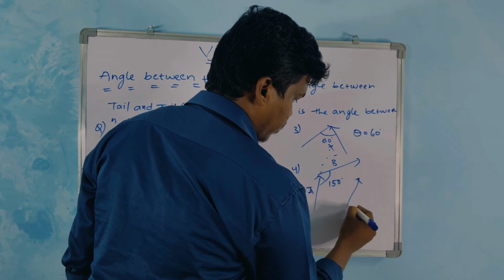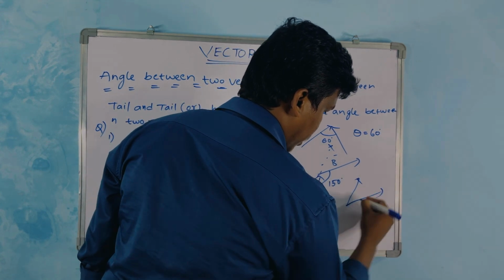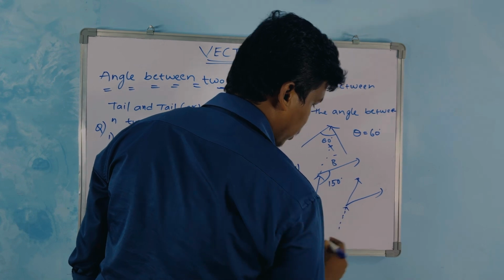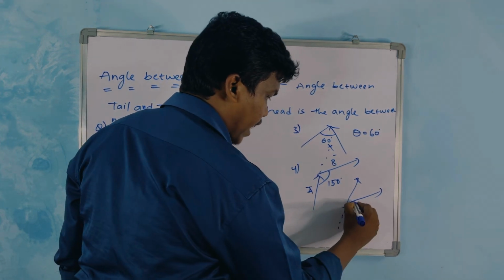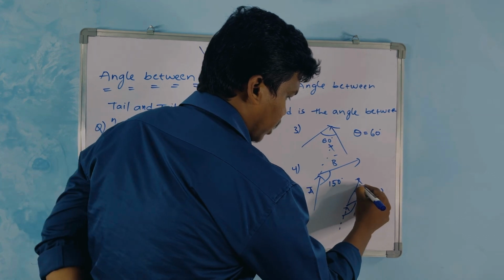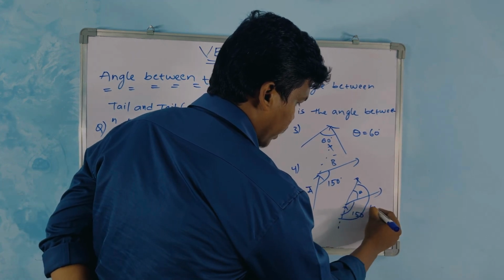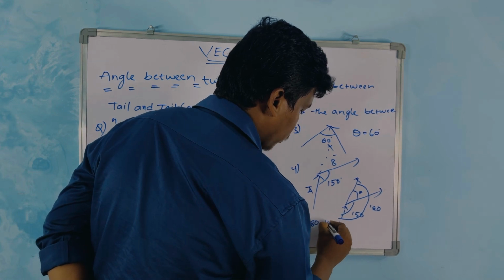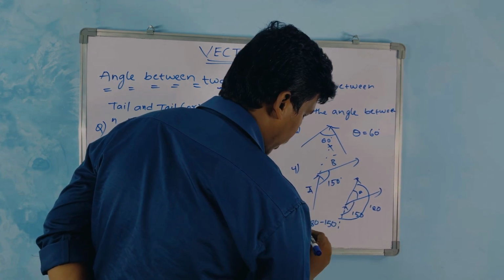Here I have shifted the vector. Here is the first position of the shifted vector. The angle is 150. What will be theta? The total angle will be 180. Theta is equal to 180 minus 150. So theta will be 30 degrees.